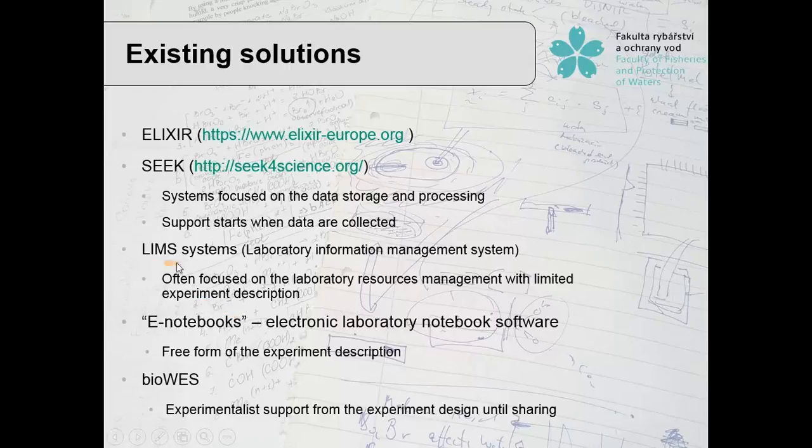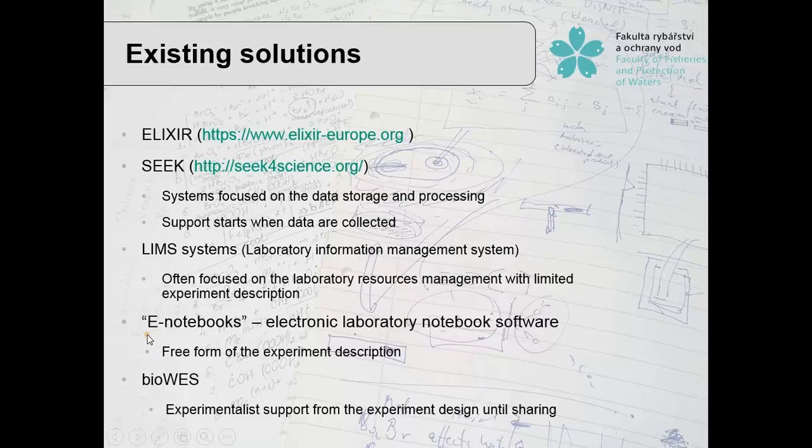The systems called LIMS, which stands for Laboratory Information Management System, are often focused on the management of laboratory resources, and they are usually highly focused on some specific experiment, and they just describe this experiment. So this is the disadvantage of the system.